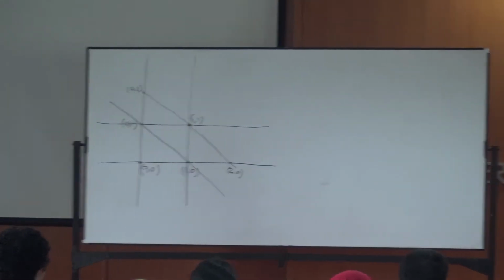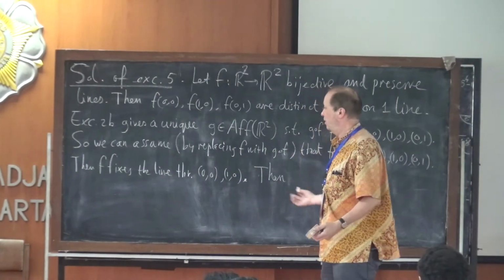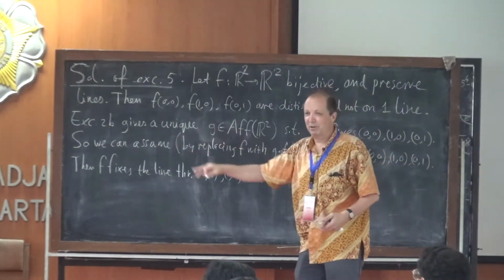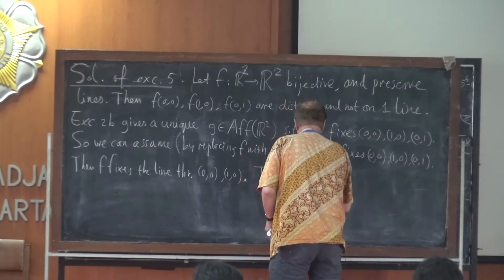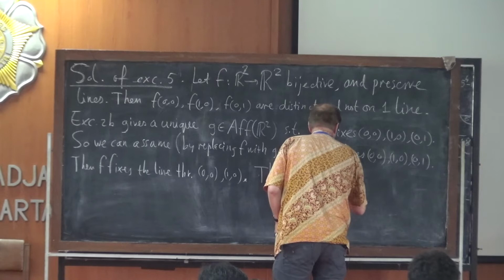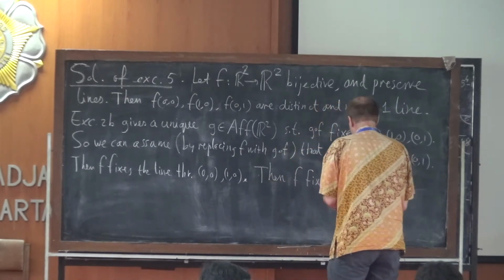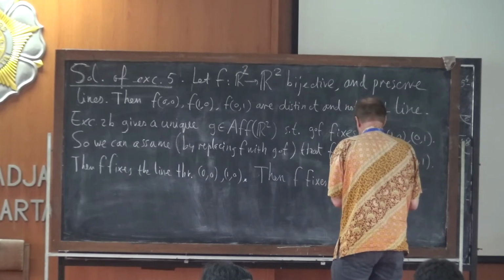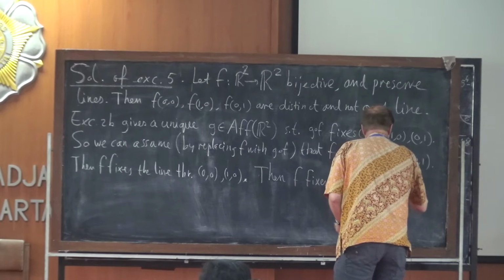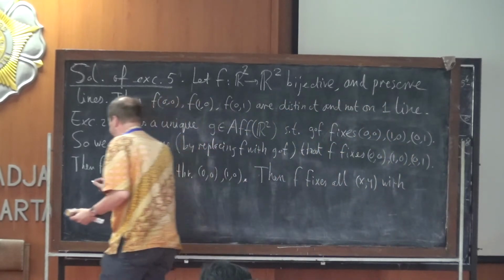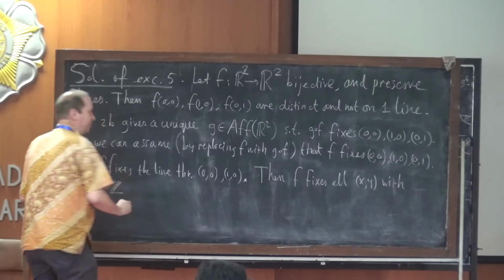So here, if I were writing, I should say look at the picture, but then F fixes all x comma y, with x and y in the integers, right?